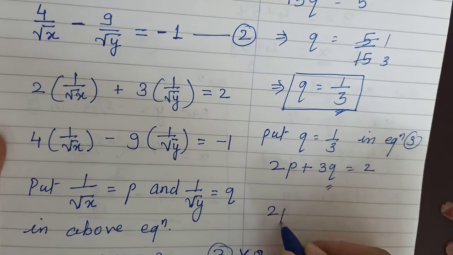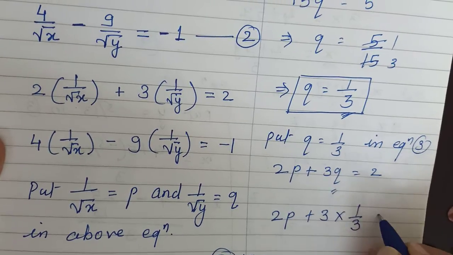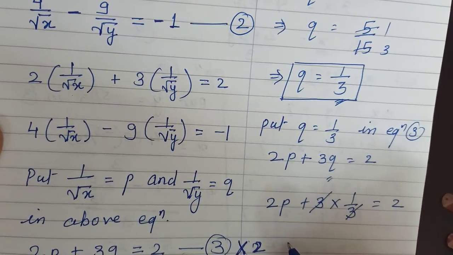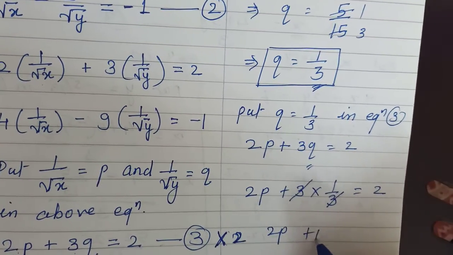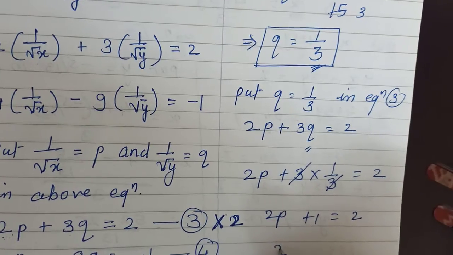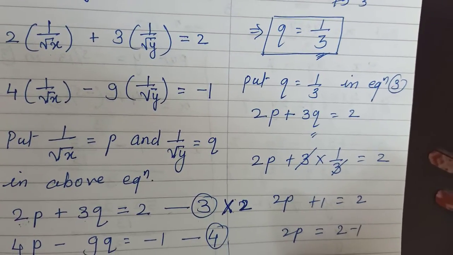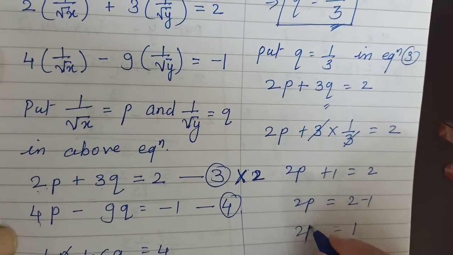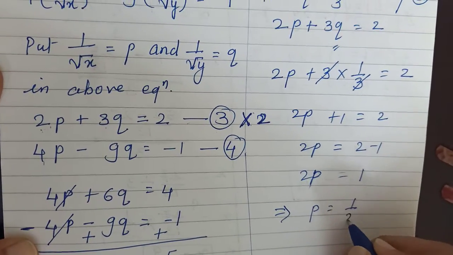So it is 2p plus 3 into 1 upon 3 equals 2. Now this 3 and 3 get cancelled. It becomes 2p plus 1 equals 2, so 2p equals 2 minus 1, so 2p equals 1, and this implies p equals 1 upon 2.